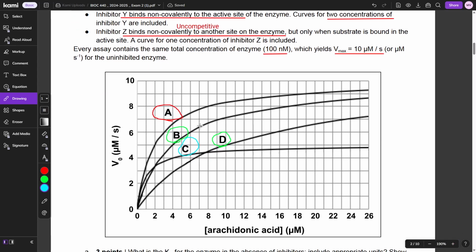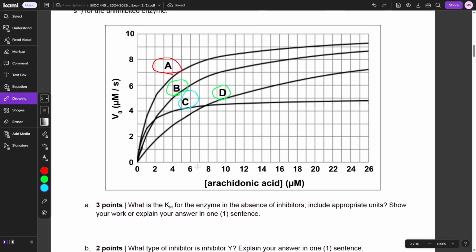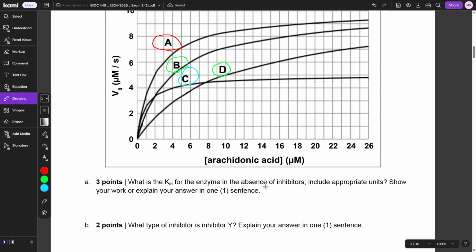Cool. So based off of that, we've got a lot of information on what we can expect for these. So what is the Km for the enzyme in the absence of the inhibitor? Show your work, explain your answer. For these, there are ways I'm sure that you could do this with some math, but I think the easy way to go through this is to say the Km is the substrate concentration at which we've reached 1/2 Vmax.